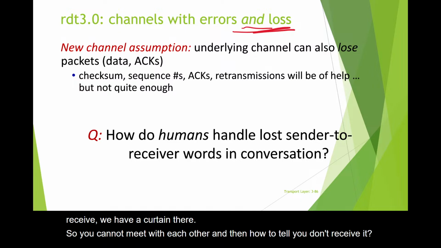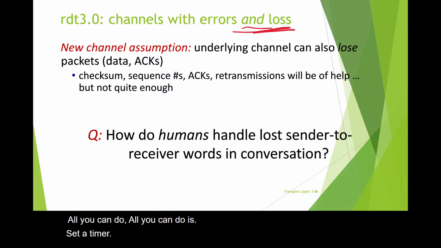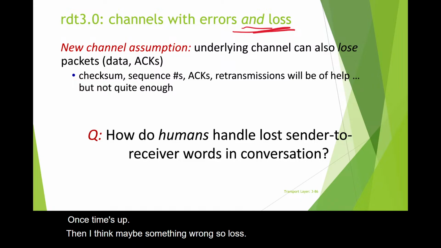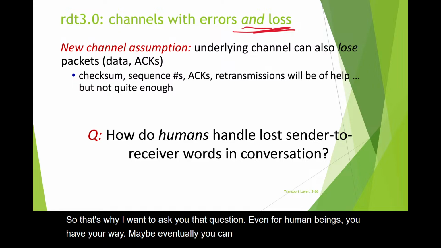All you can do is set a timer. Once the time is up, then I think maybe something is wrong. So loss. That's why we want to ask you that question. Even for human beings, you have your way. Maybe eventually you can meet each other, then you know, oh, okay, you sent it, but I didn't receive it.